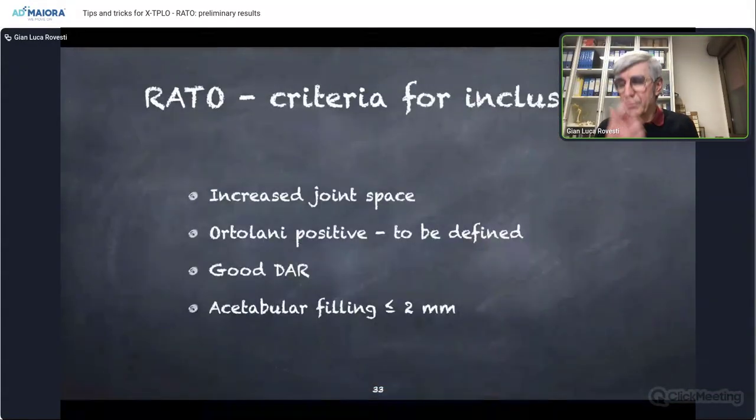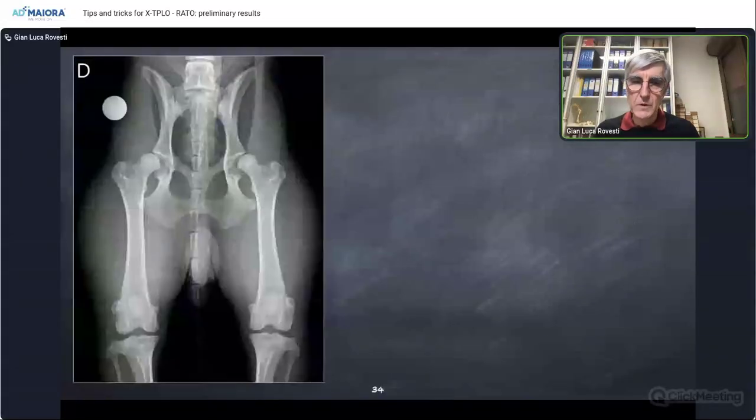So the criteria for inclusion of RATO: an increased joint space, Ortolani positive, but we should understand that if it's a transitional angle, it won't need this kind of technique. If it's too high, I'm not applying the technique, okay? A good dorsal acetabular rim and an acetabular filling less than 2 millimeters, okay?